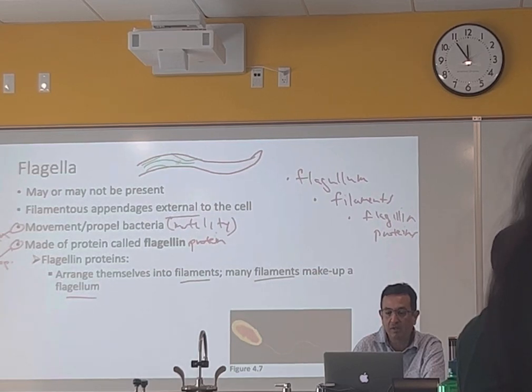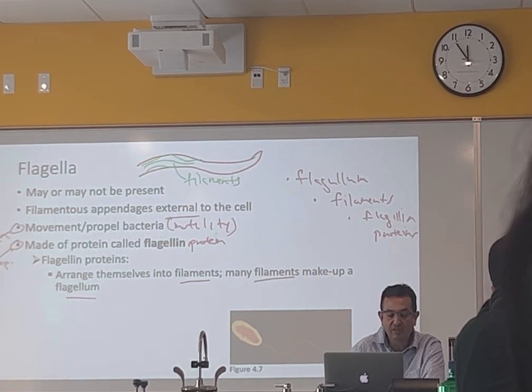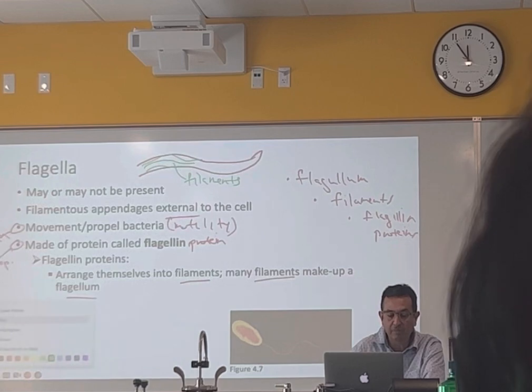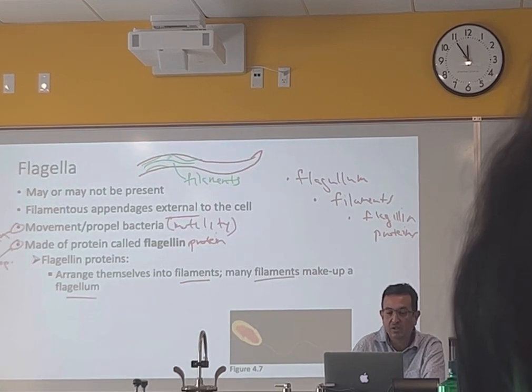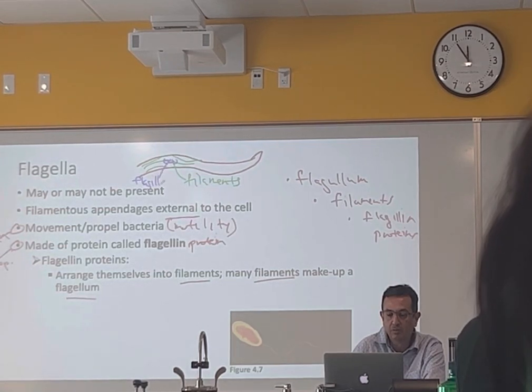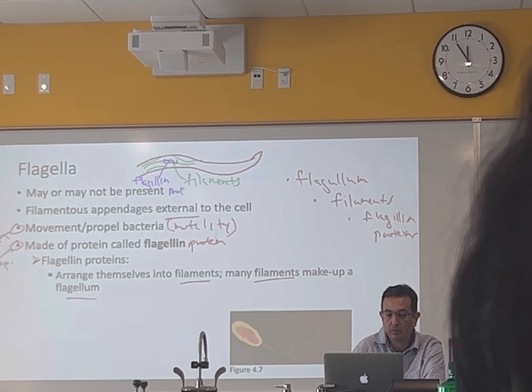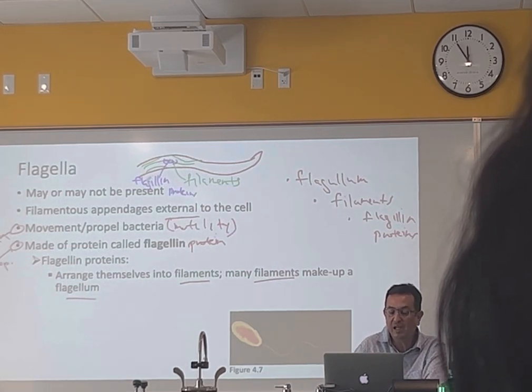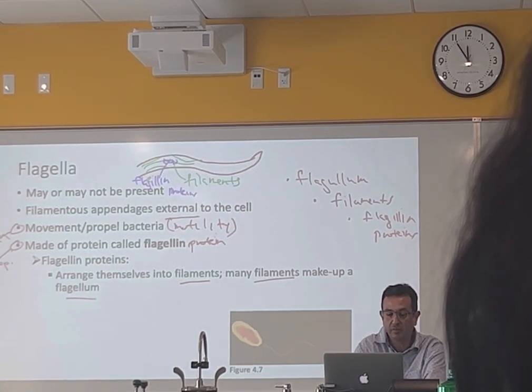I won't extend them all, but these are now my filaments. And then inside, what makes up the filament is my flagellin protein. I'll put these purple little things here. These are now the flagellin proteins. Okay, so that's the arrangement of how these things work.